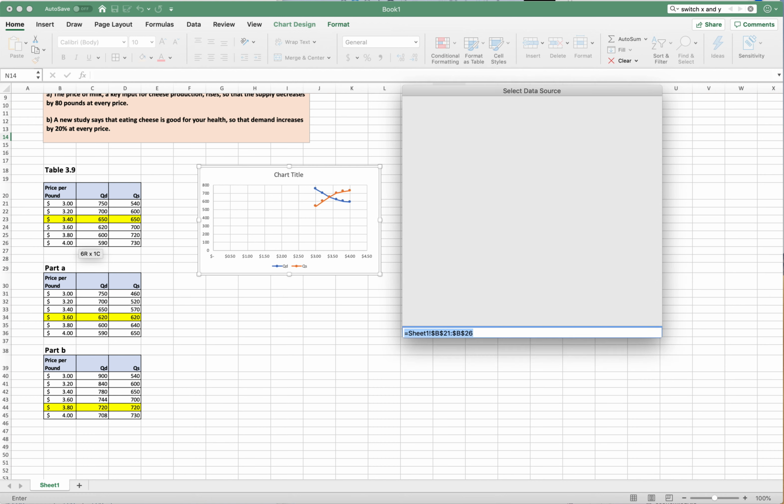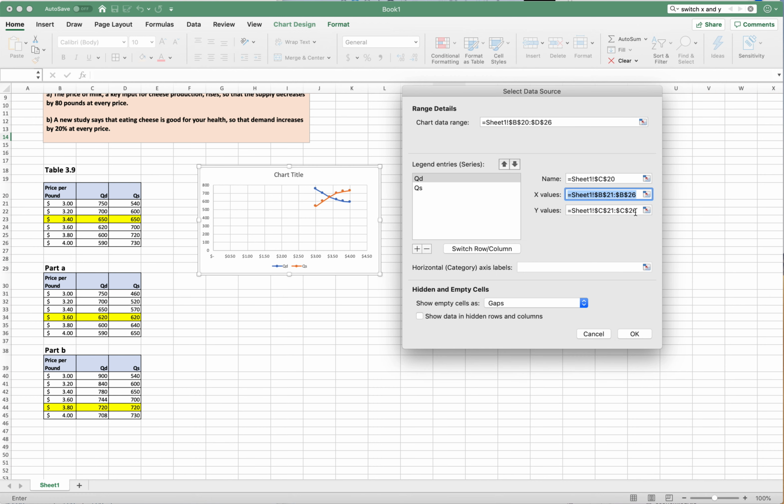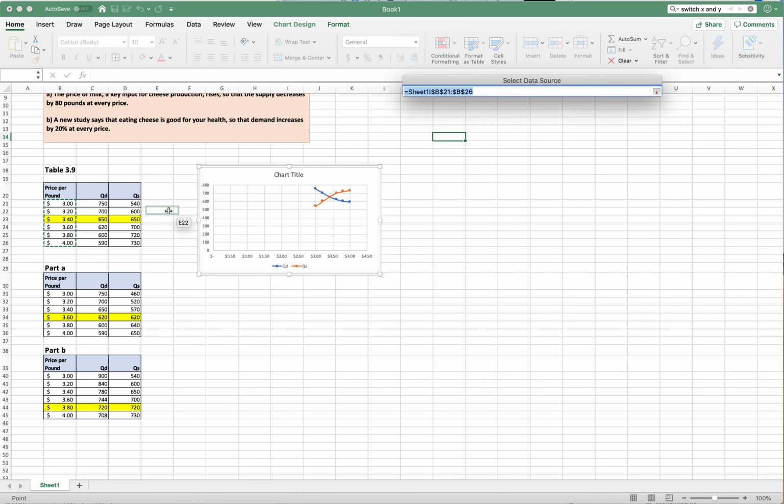And I say enter. Now, and then I go here and the Y values are, oh, I did it backwards because I'm not paying attention. I want my Y values to be, yes, I want the Y values to be the price.